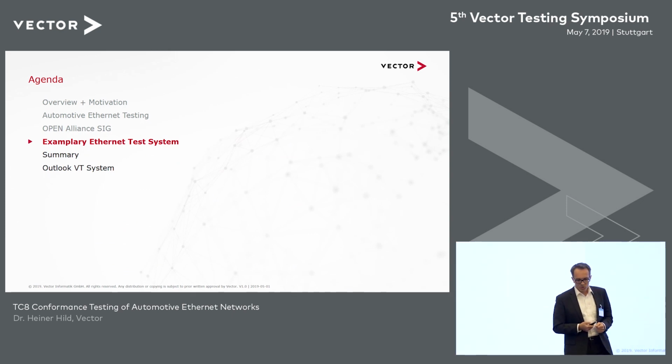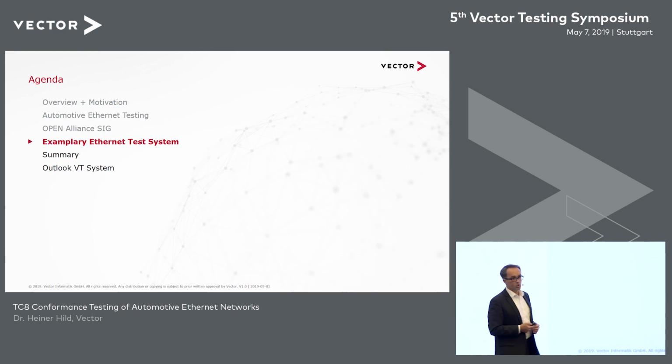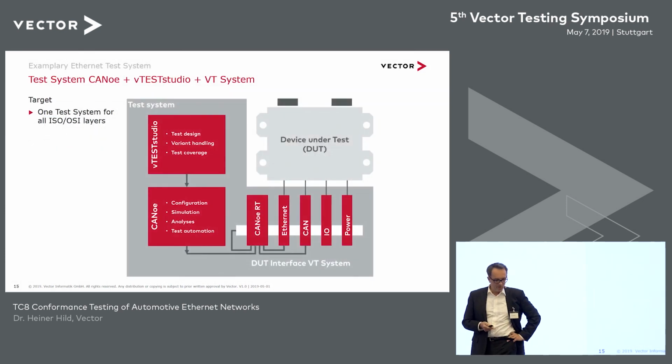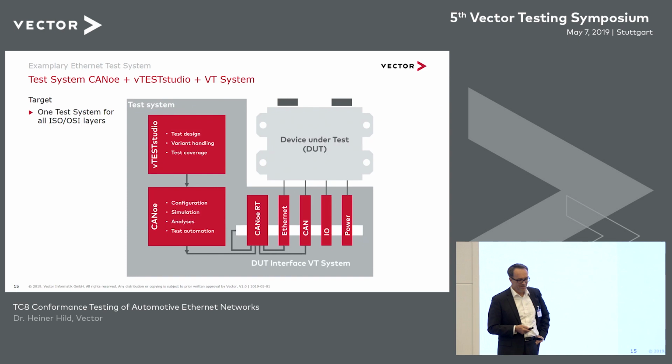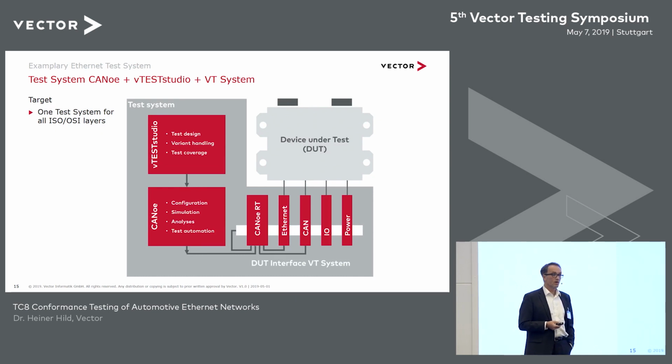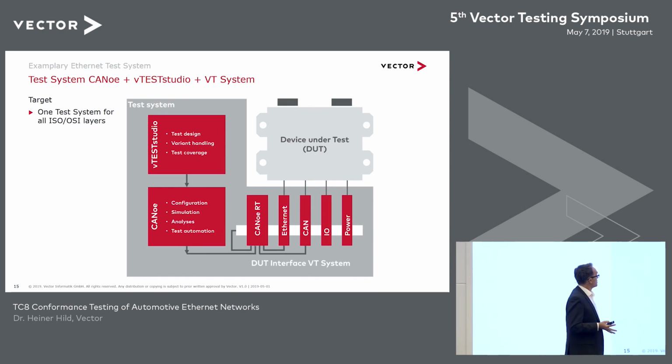And in order to make that feasible, we do have a proposal, which I want to propose to you next. We've seen it several times before today. Our mighty Troika, Vita Studio, CANoe, and the VT system, is suitable then to also conduct the TC8 tests.